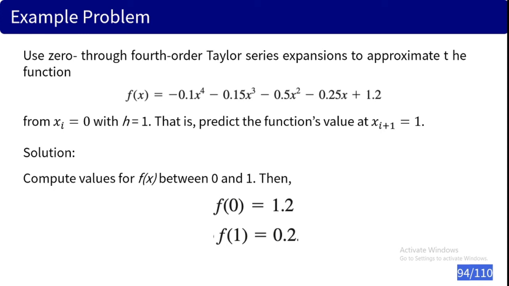What we mean by evaluation of the function is to substitute 0 into x in the function. Then the value of f of 0 is 1.2. I guess by visual inspection you can see that if we substitute 0 in the function, what remains is 1.2.